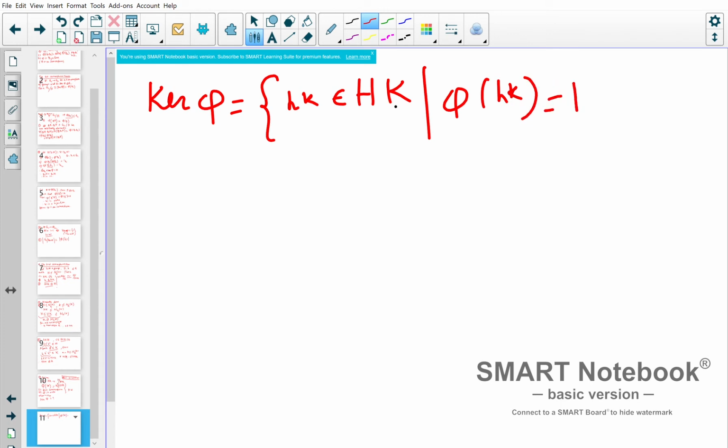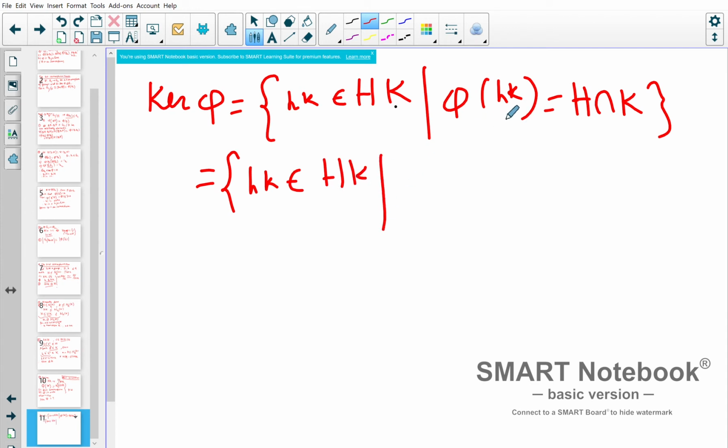The identity is nothing but the coset H intersection K. Clear? But what does that mean? That means all hK belongs to HK. What is the image of this? The image of this is nothing but h(H intersection K), which is nothing but H, right?